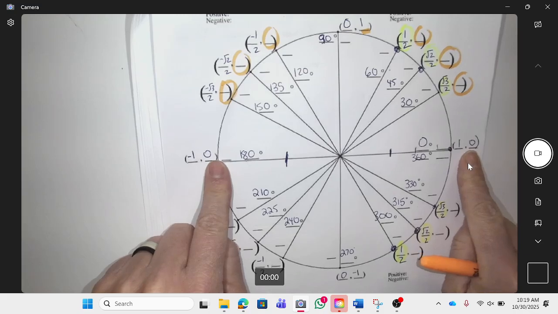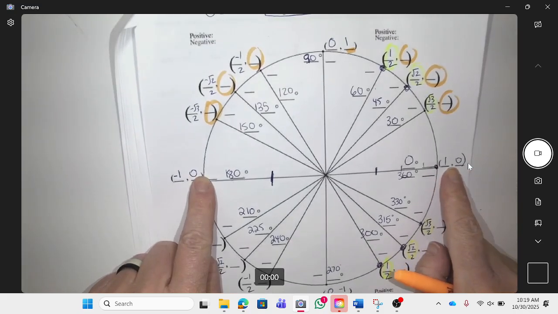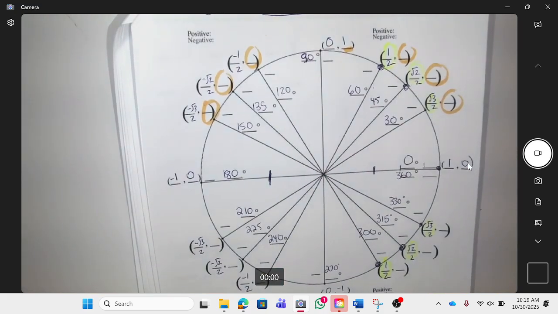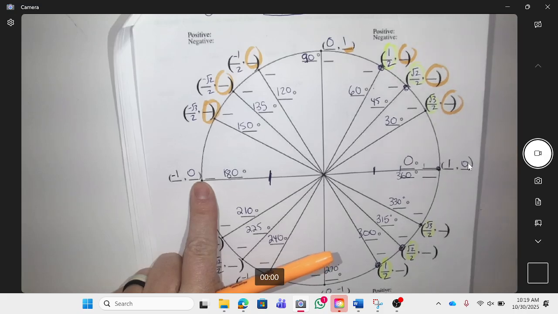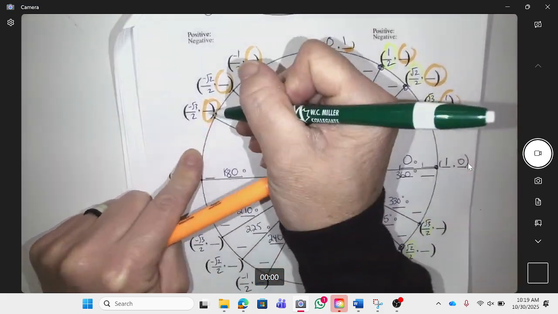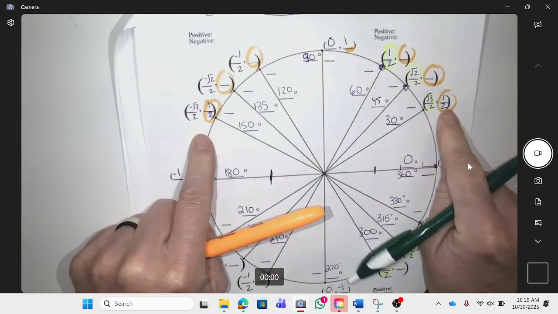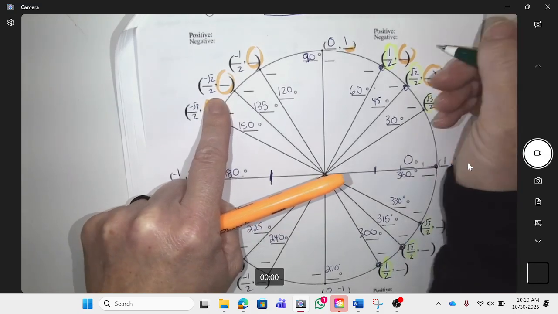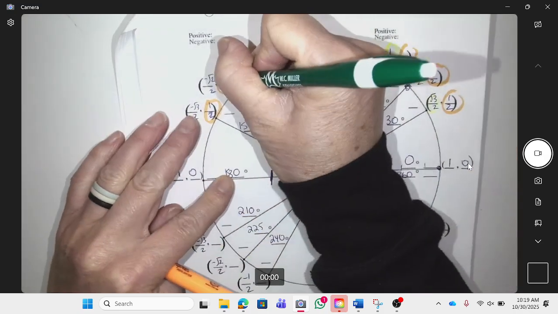I'm going to start at a height of 0. And then I'm going to go up, up, up, up. So the pattern goes, well, 0. What's the next height going to be? A half, because every time they have partners, right? Next, root 2 over 2.